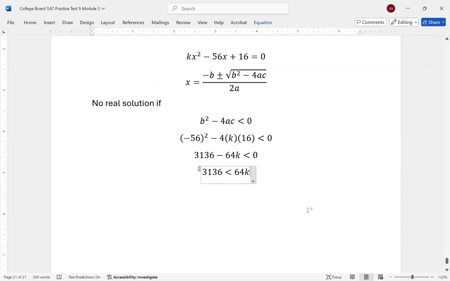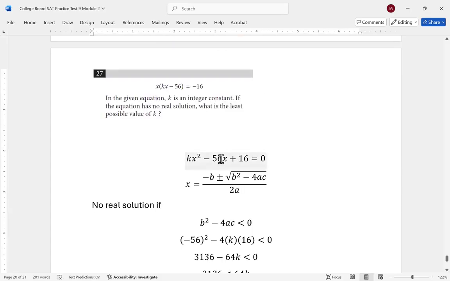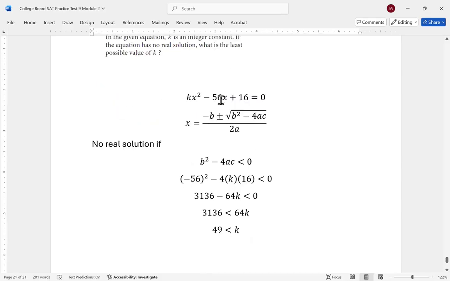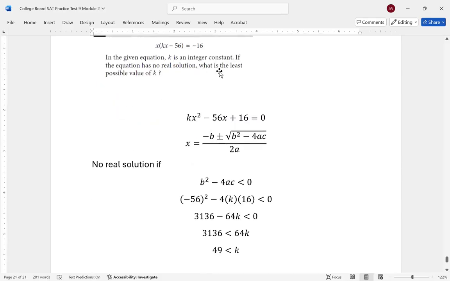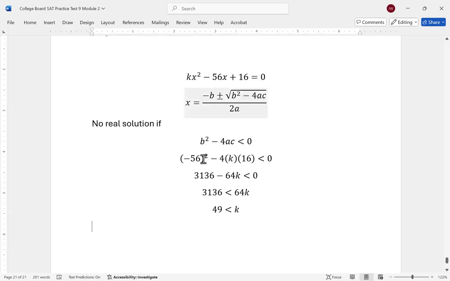Then we can divide both sides by 64. And when I do that, I get 49 less than k. Now be careful about this. K has to be an integer constant. And we're saying, what is the smallest possible value of k to give us no real solution? 49 would give us exactly one real solution.